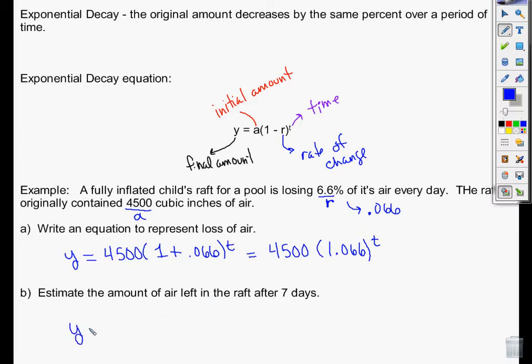And if we want to figure out how much air is left in the raft after 7 days, well, the 7 days is our t, so we're going to put a 7 there. We get 4,500 times, oops. Hey guys, catch my mistakes.